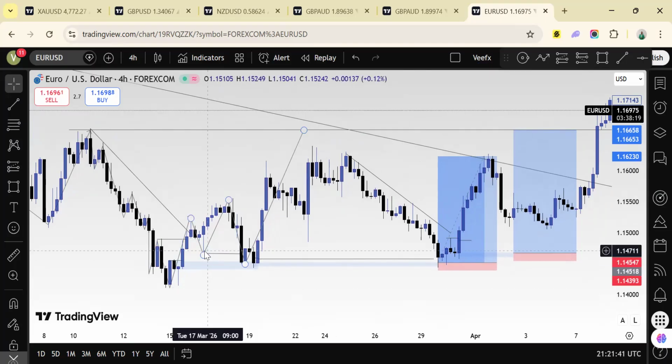Our inducement liquidity tapped into this breaker block here, but this order block was the POI, and the inducement did not tap into it. So it means that this order block is valid as a point of interest. This breaker block is not valid as a point of interest. Why? Because the inducement liquidity tapped it.